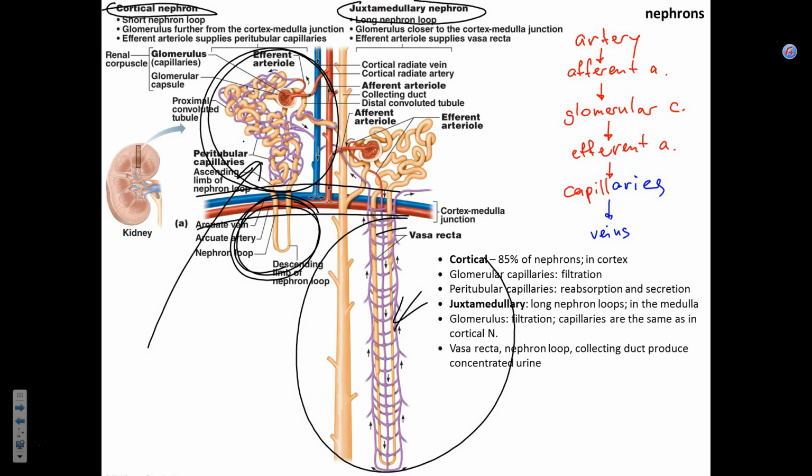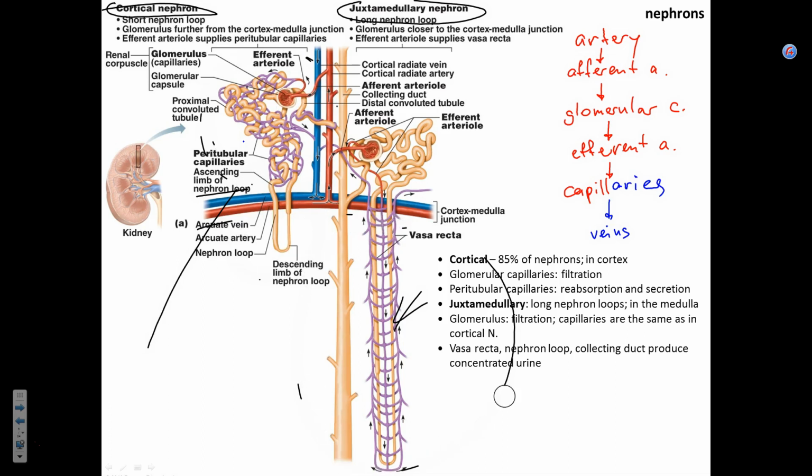So let's go back to our cortical and juxtamedullary nephron. Let's talk about the cortical nephron first. That's a majority of nephrons, and you see the afferent arteriole enters the glomerulus, and then the glomerulus is drained by the efferent arteriole, which delivers the blood to so-called peritubular capillaries.